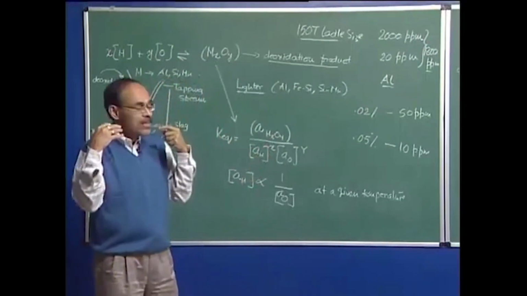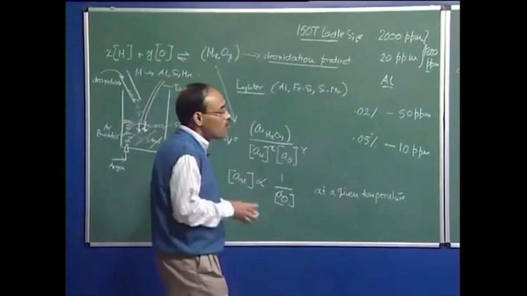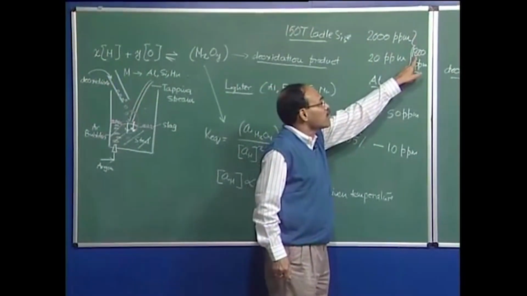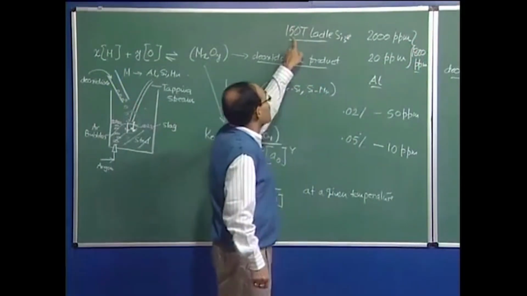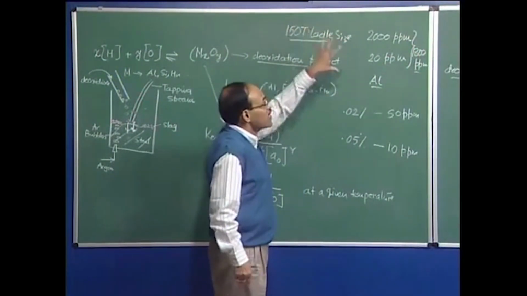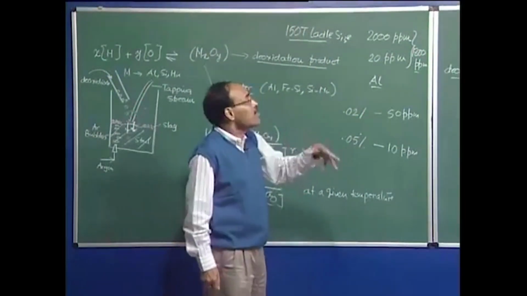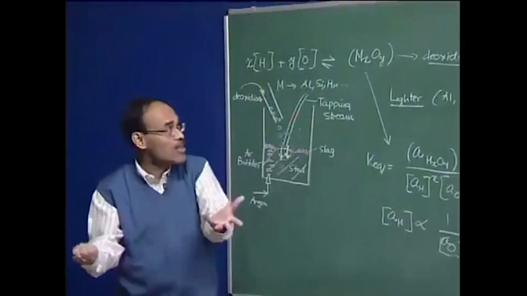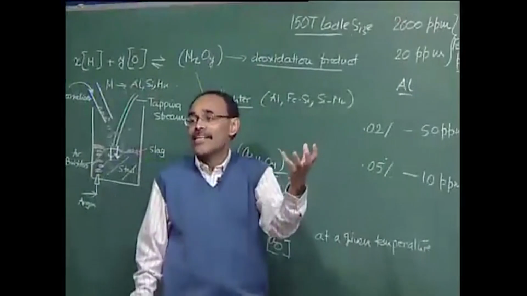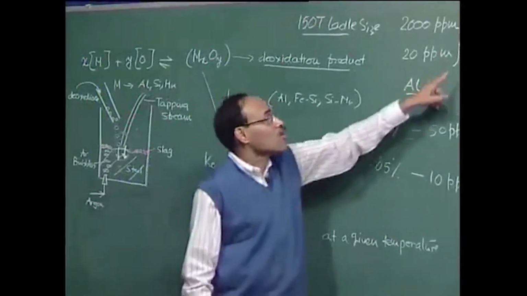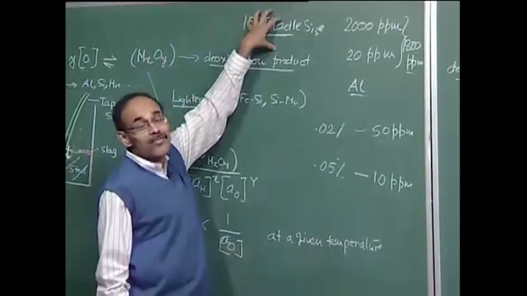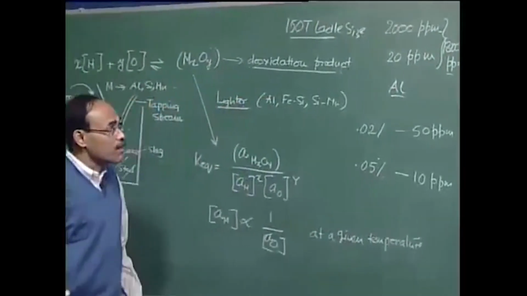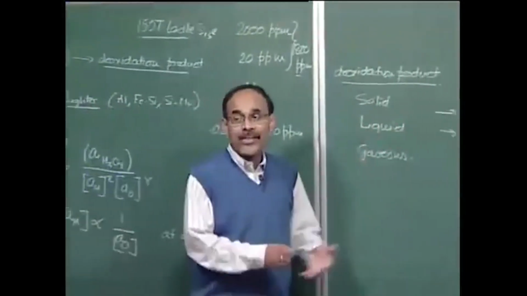Straightforward calculation. This is the stoichiometric requirement. So I know that 1800 ppm oxygen is to be eliminated, and this 1800 ppm oxygen with respect to the 150 ton ladle size can be translated to so many kg of oxygen. Then by using this relationship that 16 kg of oxygen will require 27 kg of aluminium, I will be able to immediately calculate how much aluminium is going to be required in order to remove the oxygen present in the bath corresponding to 1800 ppm. And this I call the stoichiometric requirement.